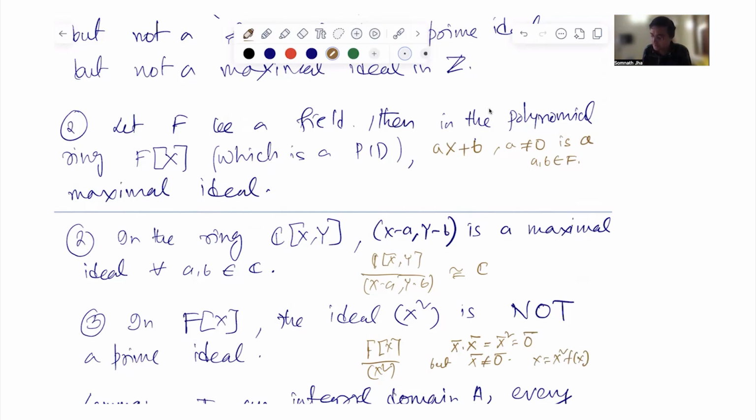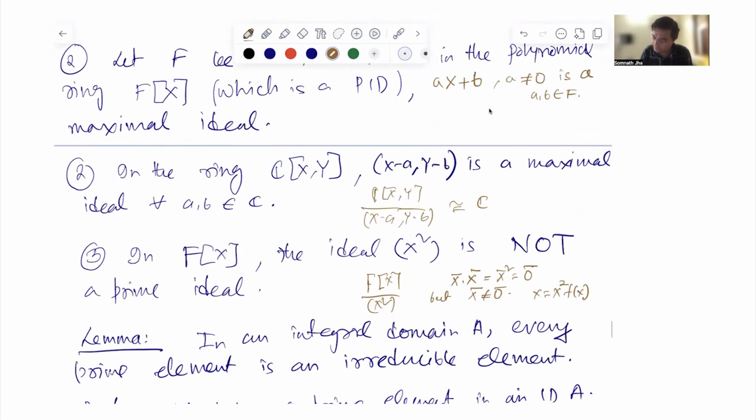Then the degree on the right is 2 plus the degree of f(x), which is greater or equal to 2, but the degree on the left is 1. That gives a contradiction. So x bar is not equal to 0, but x bar times x bar equals 0. That means this is not a prime ideal, and so not a maximal ideal.